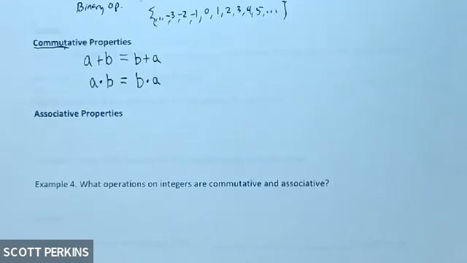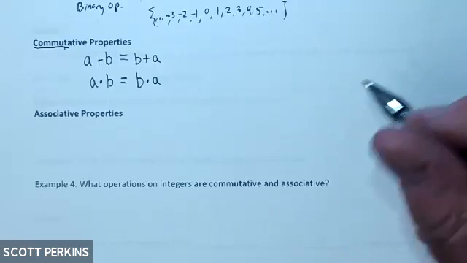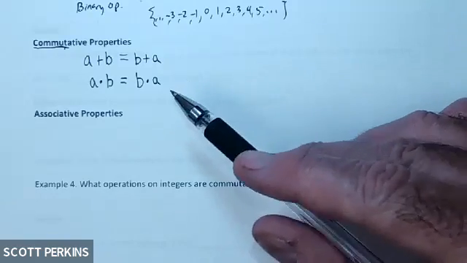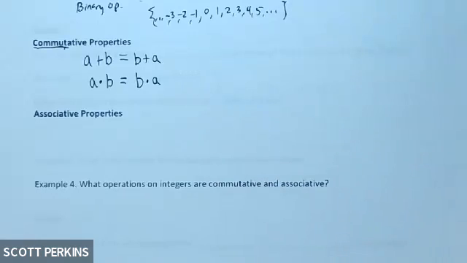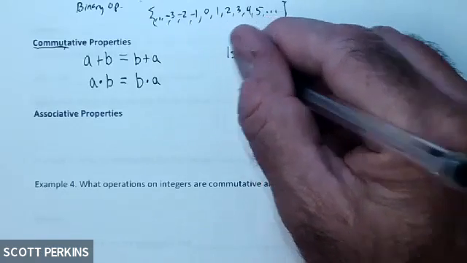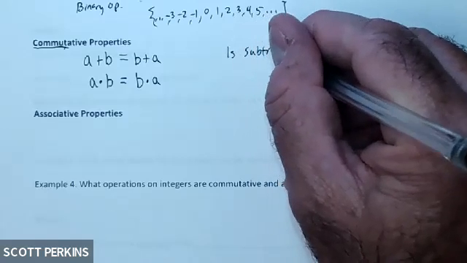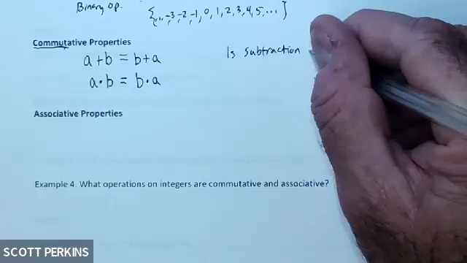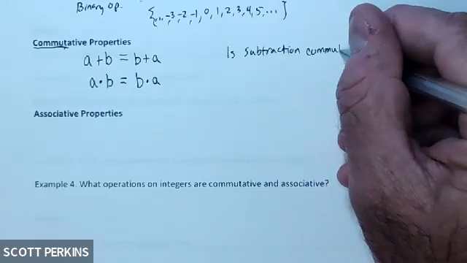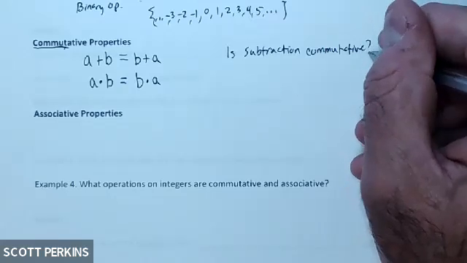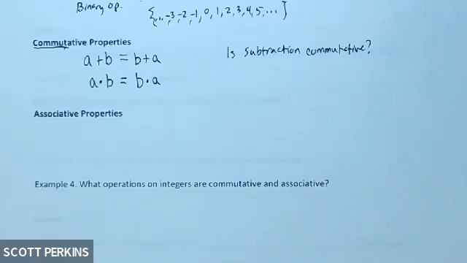Here's a question. I mentioned at the beginning that I'm only talking about addition and multiplication, because those are the only ones that the commutative property applies to. So here's my question. Is subtraction commutative? Well, yes, if you're paying attention. He said no. Give me an example of how we know that.